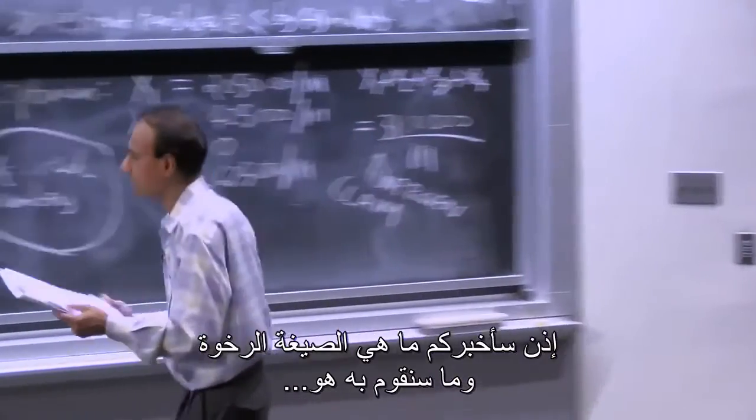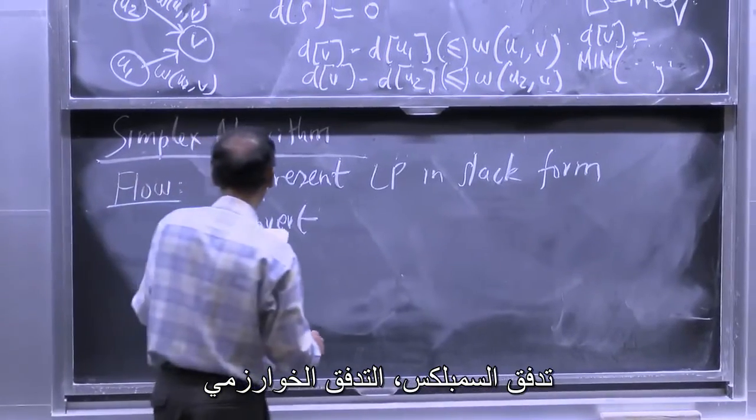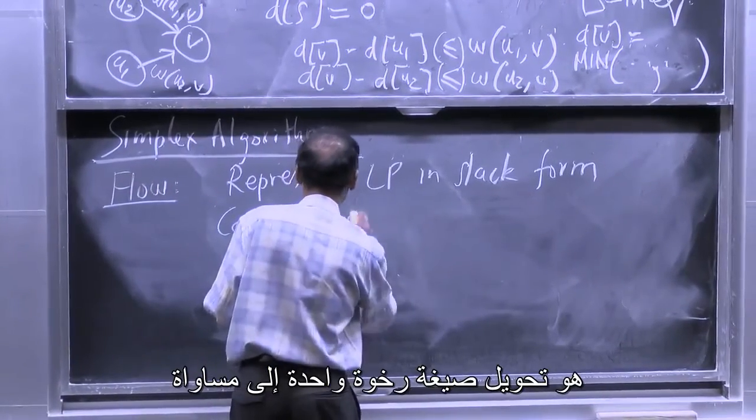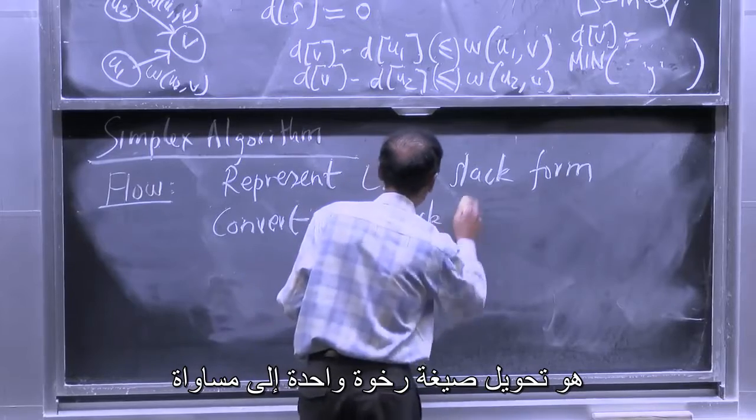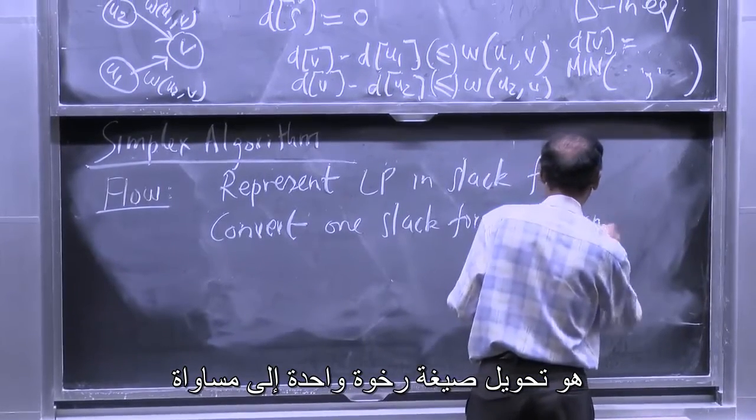Okay? So I'm going to tell you what slack form is. And then the flow of simplex, algorithmic flow, is to convert one slack form into an equivalent slack form.